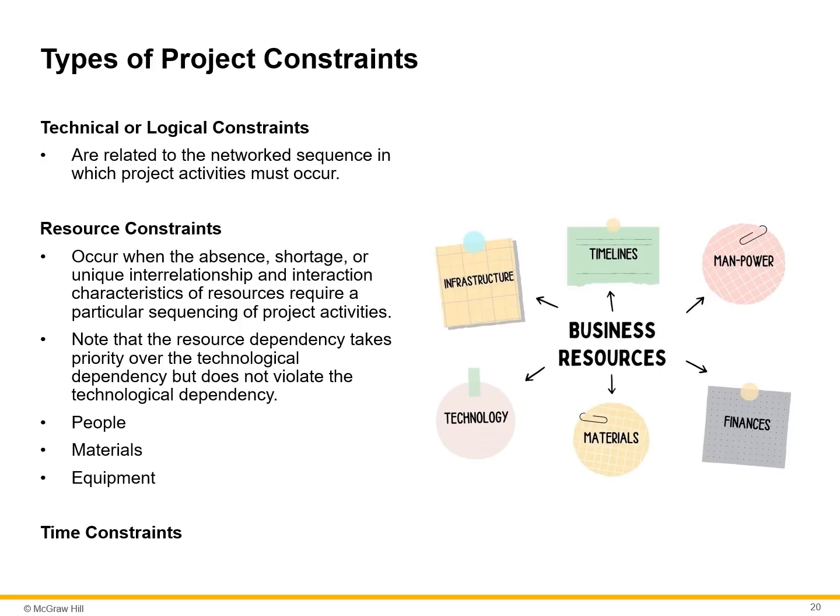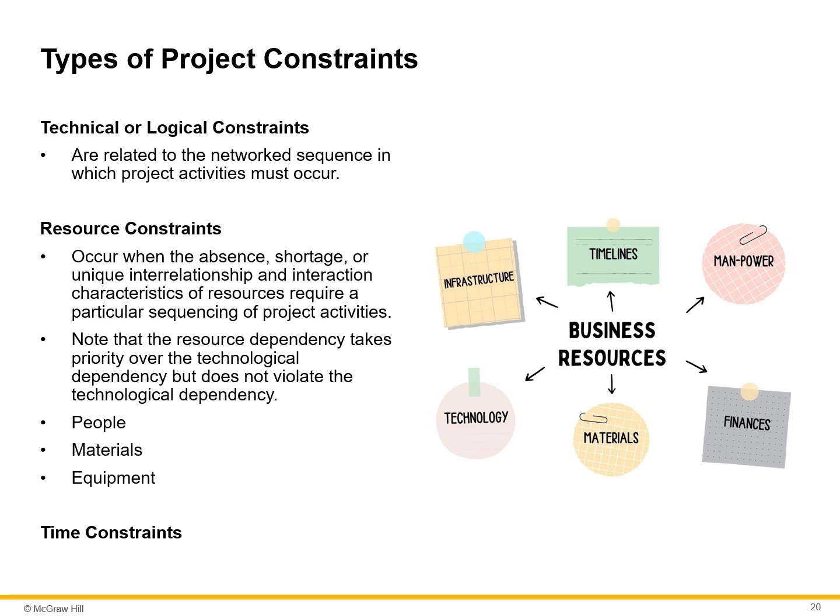Resource constraints have many types. Technical or logical constraints are one major type. There are also resource and time constraints. Technical or logical constraints relate to the network sequence in which project activities must occur.